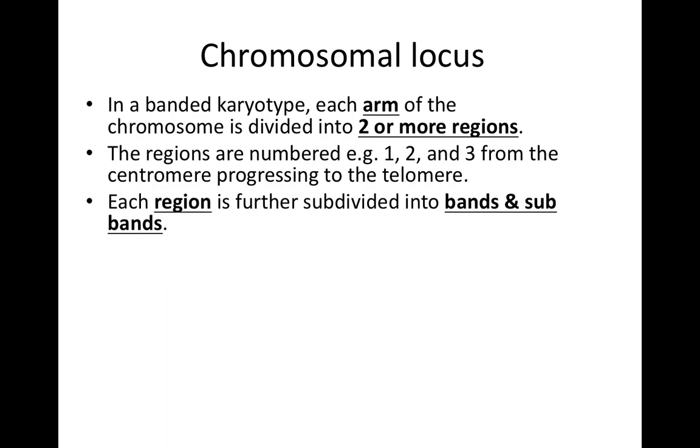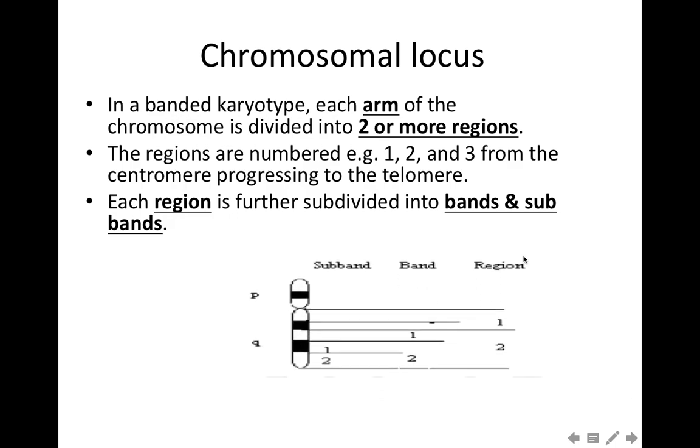The numbering of the regions starts from the centromere and goes towards the peripheral end of the P and the Q arm, that is the telomere. The numbering of the bands starts from the centromere towards the telomere as well. And if the karyotype is formed of long chromosomes, the bands will be subdivided further into sub-bands.